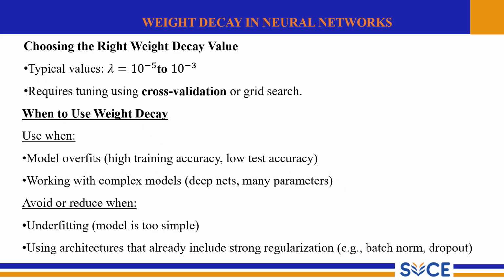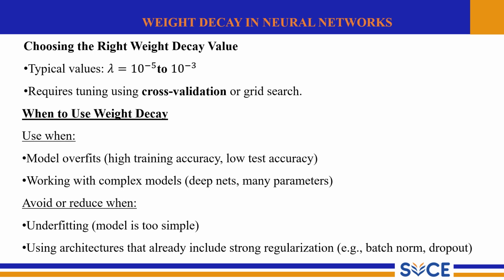So weight decay in neural networks: how to choose the right value for weight decay. The typical value of the weight decay coefficient lambda ranges from 10 to the power of minus 5 to 10 to the power of minus 3. These values are small enough to avoid underfitting but strong enough to keep weights under control. However, there is no one-size-fits-all answer.